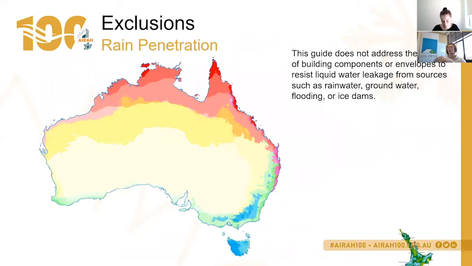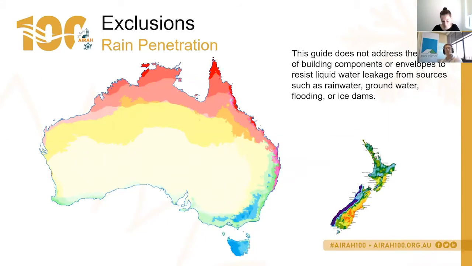So DA07 does explicitly exclude rain penetration. To some extent, it assumes that the building structure is watertight, but you can look at minor water leaks if necessary.